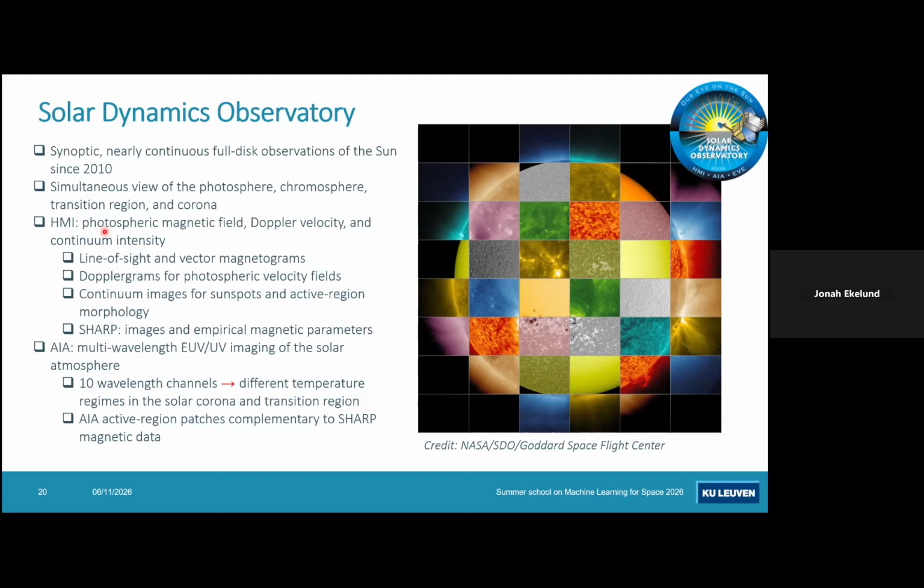It's not the only instrument that observes like this, but it has quite a high resolution in several wavelengths, and it also has data products like velocity field, magnetograms, as I said. So this is basically a mosaic, telling you in how many ways you can see the Sun here.